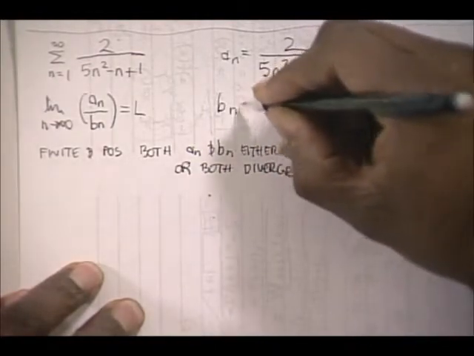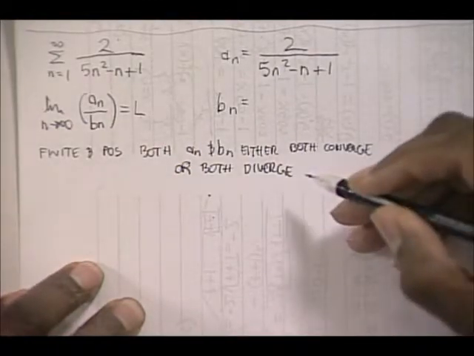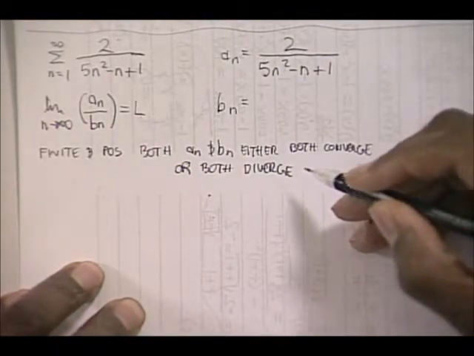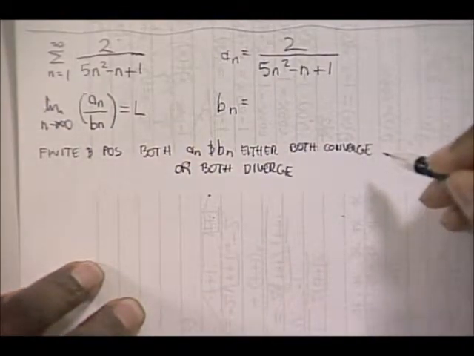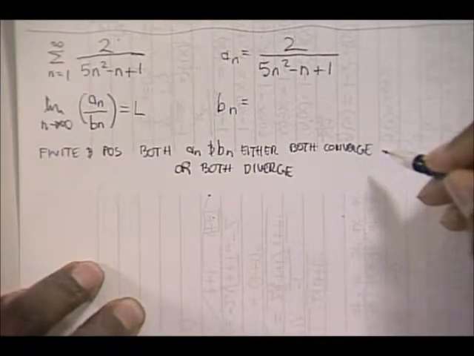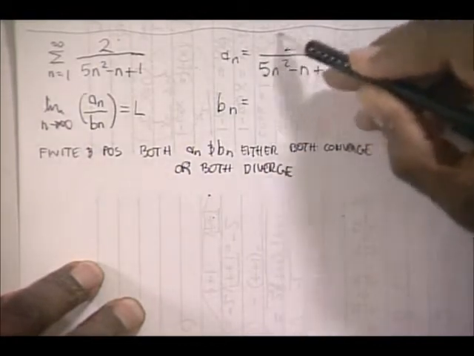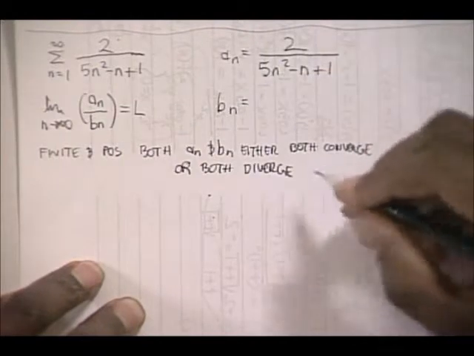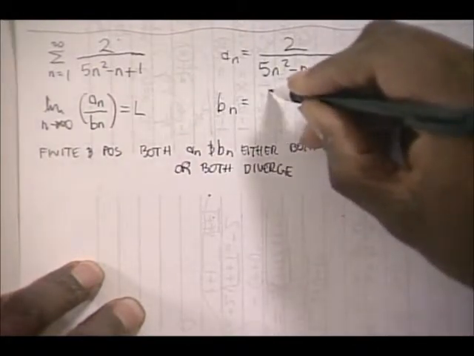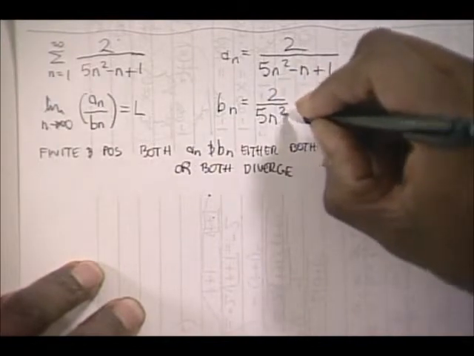B sub n is something that you choose. It's a term that resembles A sub n, but it's an expression that you know something about. Again, what you're going to tend to do is focus on the highest degree in both the numerator and denominator. So B sub n, we're going to choose 2 over 5n squared.